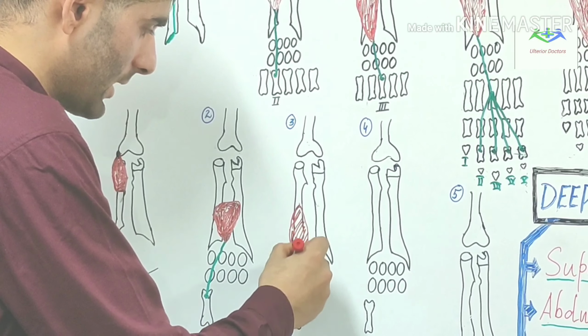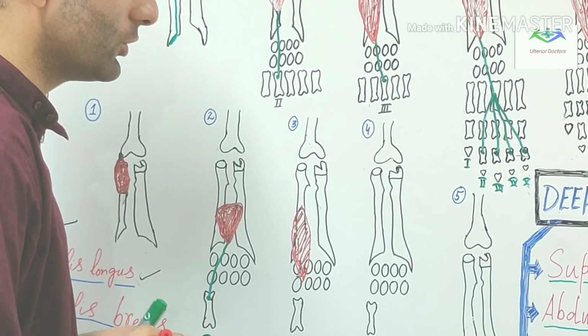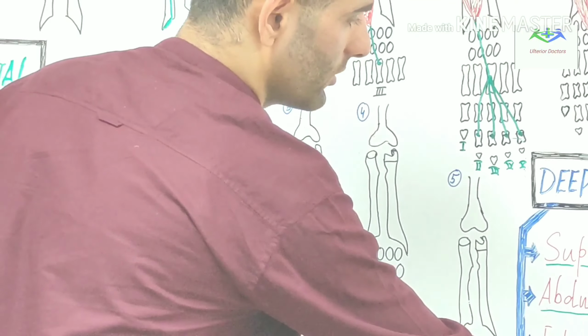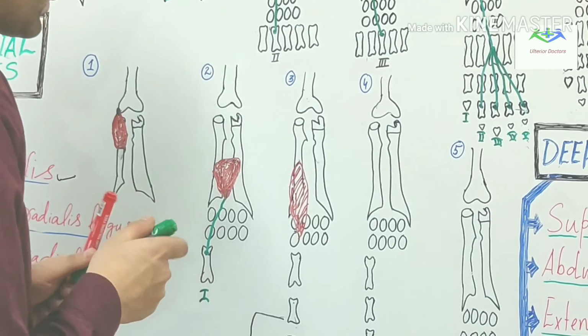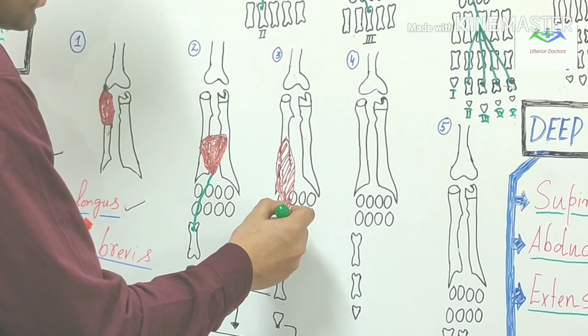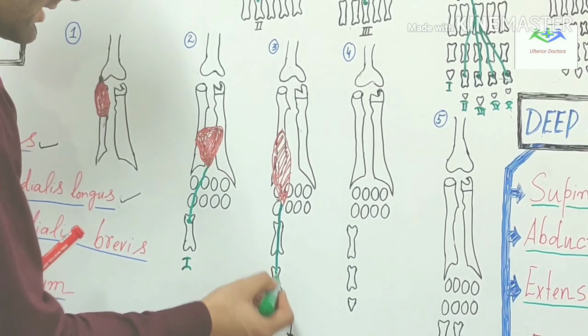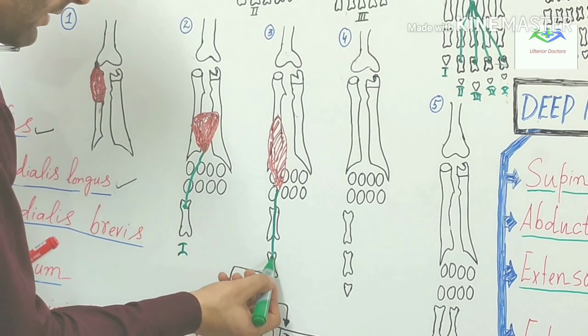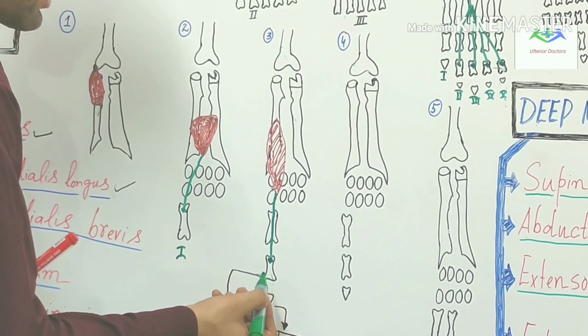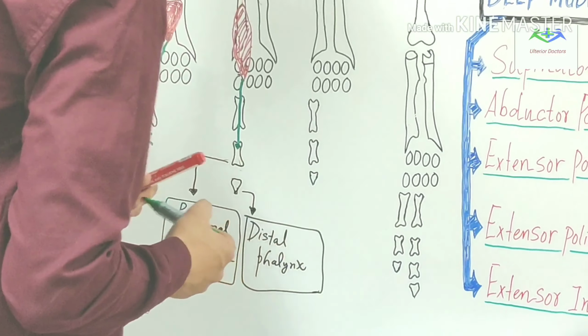And it gives the short tendon, that's why it's called Brevis. It gives the short tendon which goes down and is inserted to proximal phalanx of thumb. That's why it's called Pollicis.